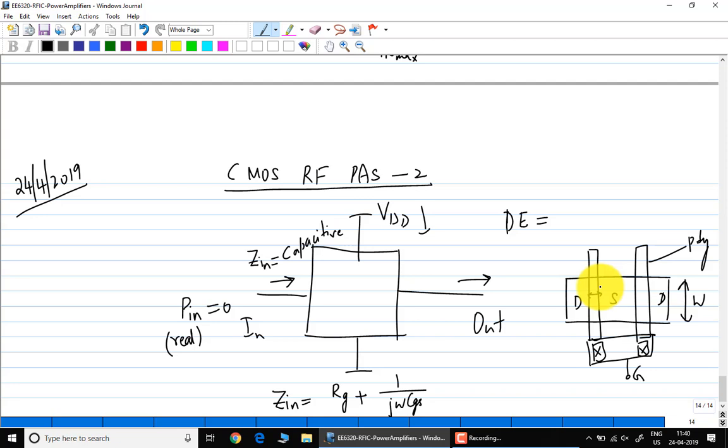Now the point is going from the gate to the actual channel. Of course the channel is right under the gate all the way across the width of the transistor, correct. So this polysilicon actually has some resistance.